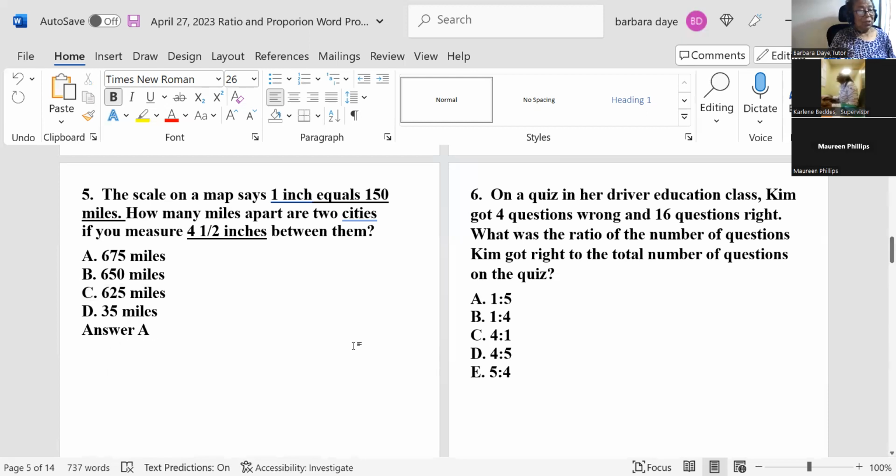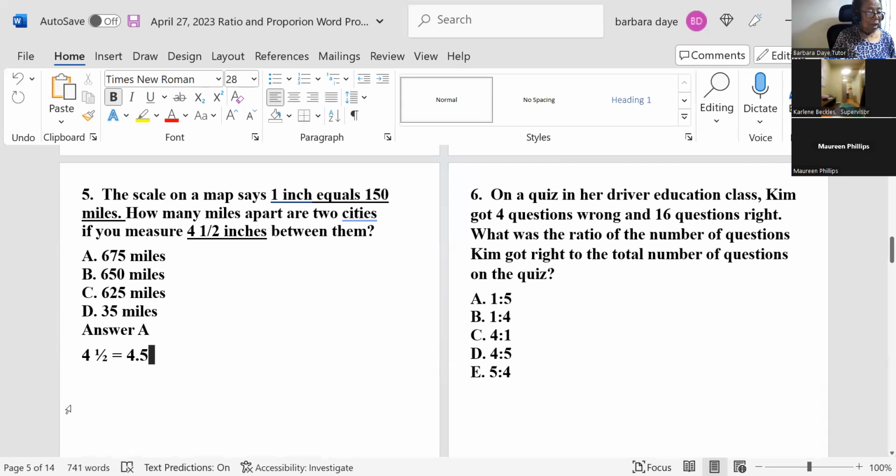And you could have just said since the 1 inch is 150, then 4.5 times 150 is 675. So you didn't really have to set it up. Yeah, you just multiply the 4.5 by 150, right? So 4.5 as a decimal.